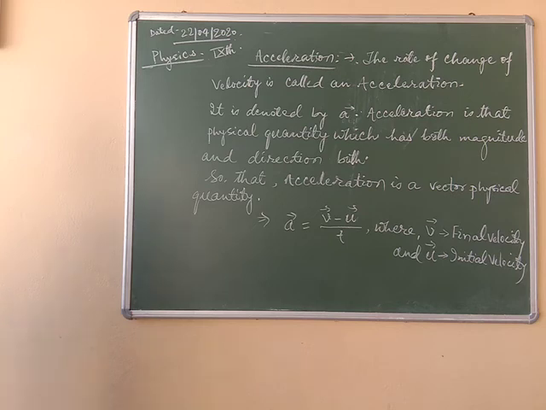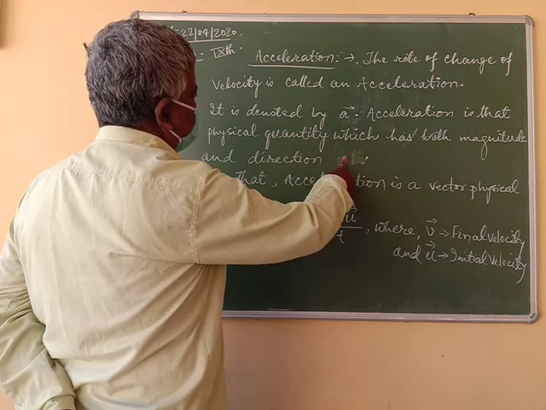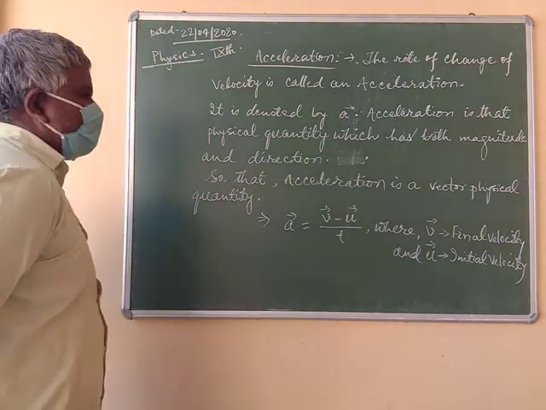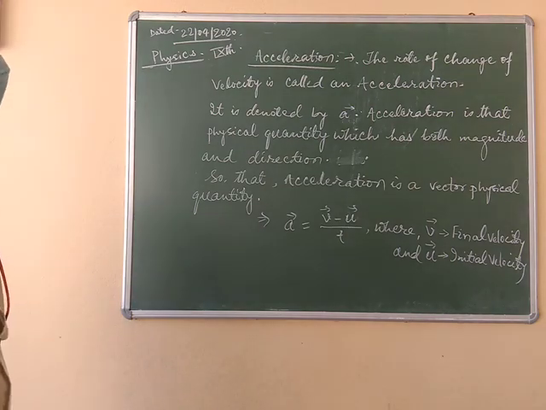Once again, the rate of change of velocity is called acceleration. It is denoted by small a. Acceleration is that physical quantity which has both magnitude and direction, so acceleration is a vector physical quantity.